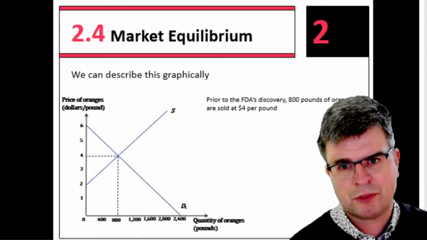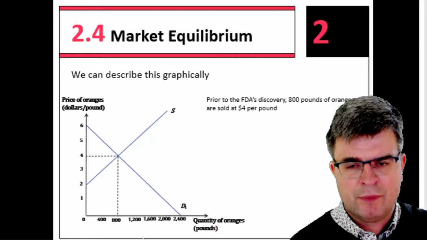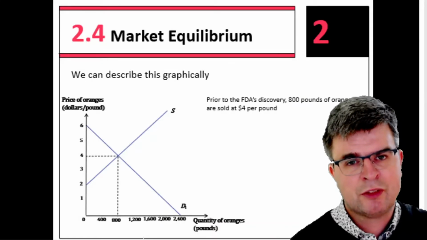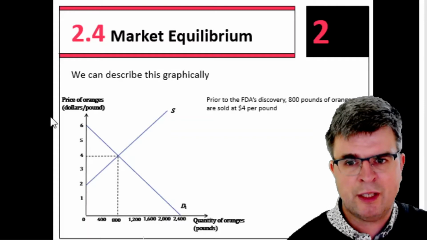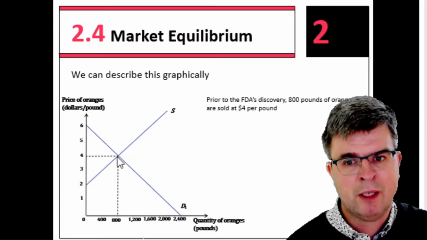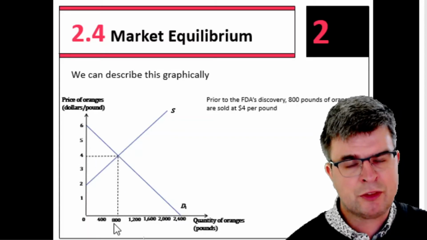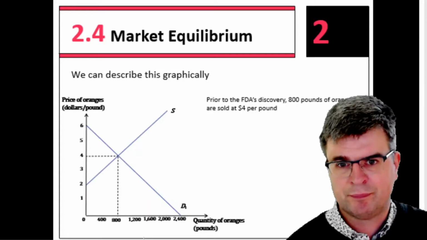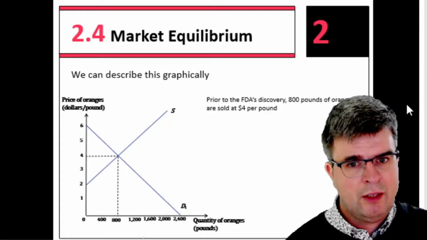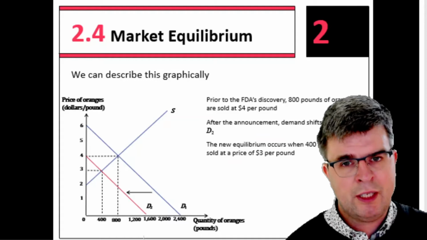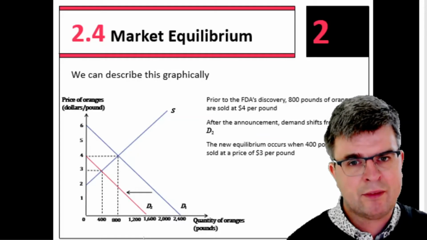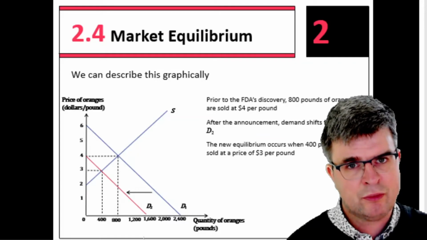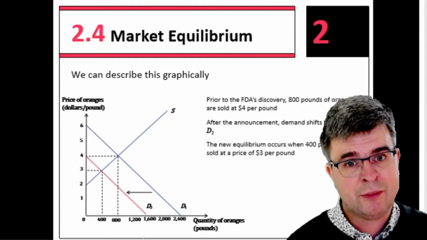Now, let's do this graphically. This is the situation prior to the discovery by the Food and Drug Administration, and we have our well-known equilibrium price of 4 and the associated quantity of 800. Now, the announcement arrives, and as a result, the demand for oranges decreases.